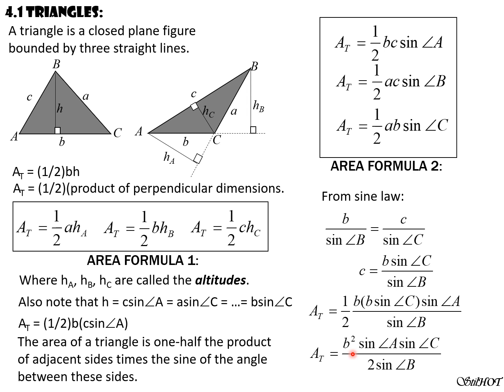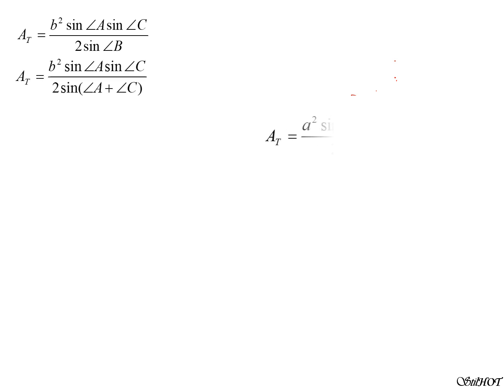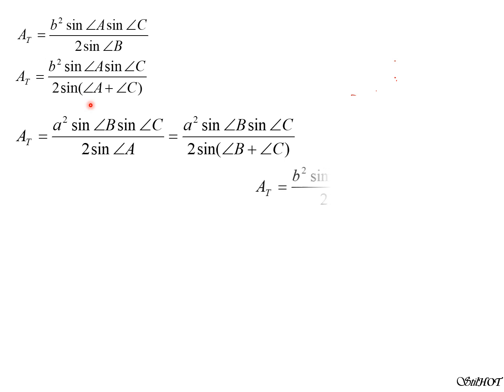So a square sine angle B sine angle C over 2 sine angle A, C square sine angle A sine angle B over 2 sine angle C. You must also remember that the sum of the shorter sides of a triangle is always greater than the longest side. So these are the different formulas that we can formulate.